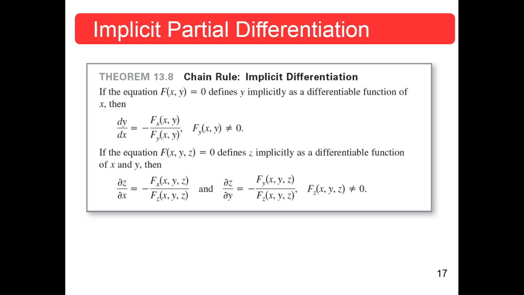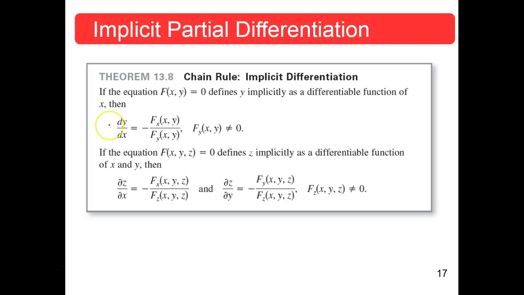Sorry. If the equation F of x,y,z in 3 dimensions is also equal to 0, defines z implicitly as a differentiable function of x and y, then now it's a partial of z with respect to x.